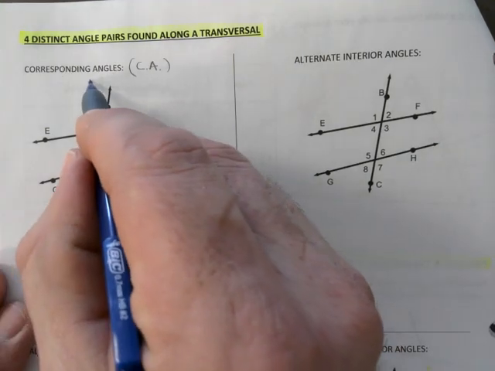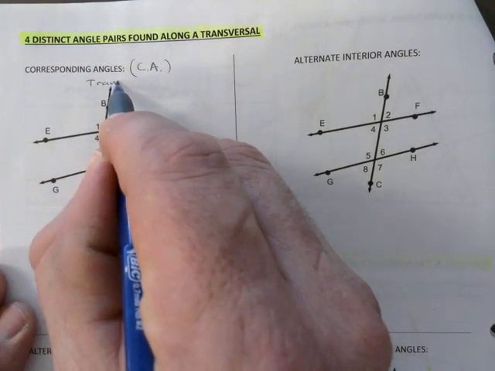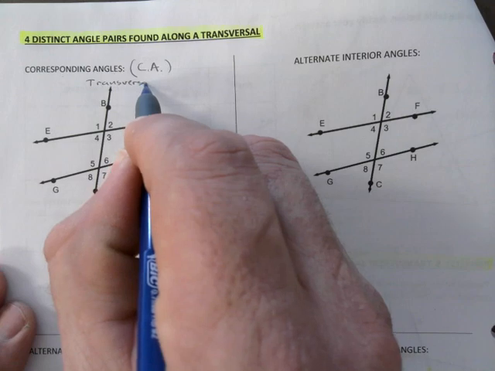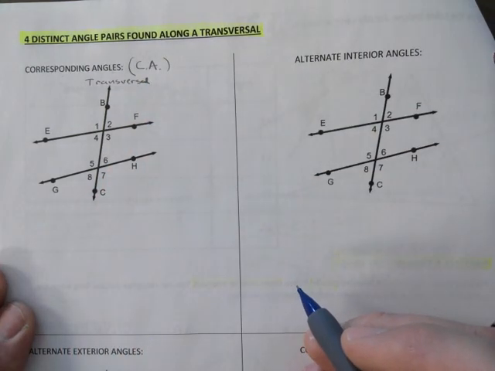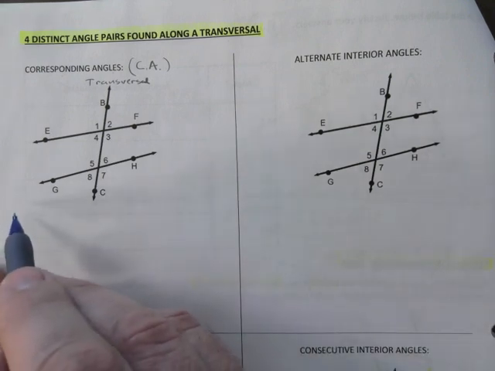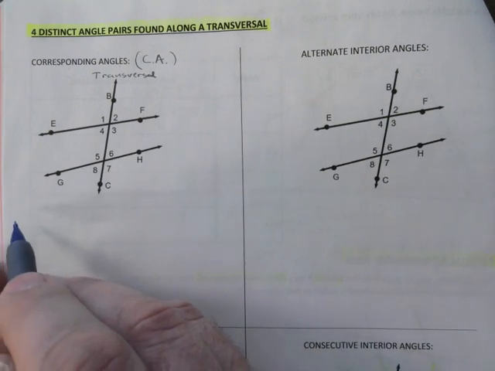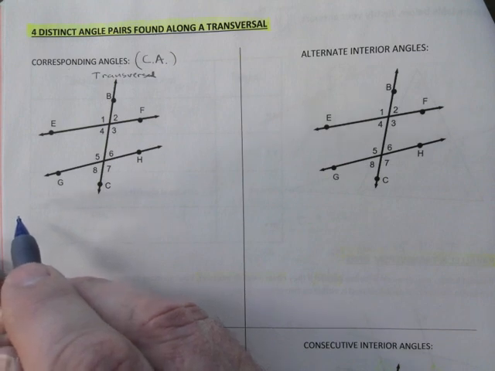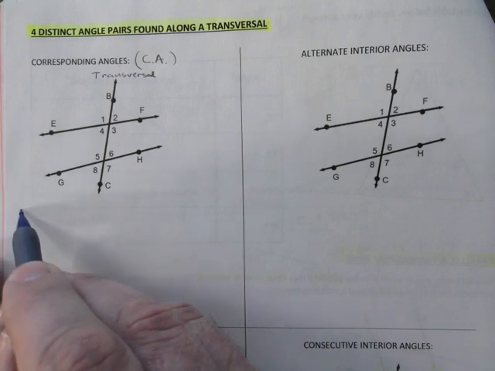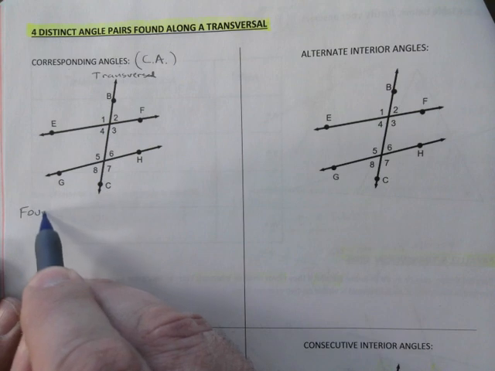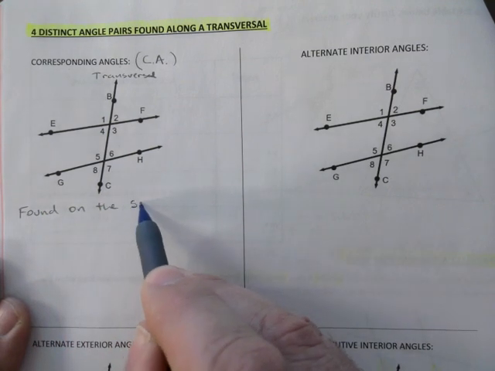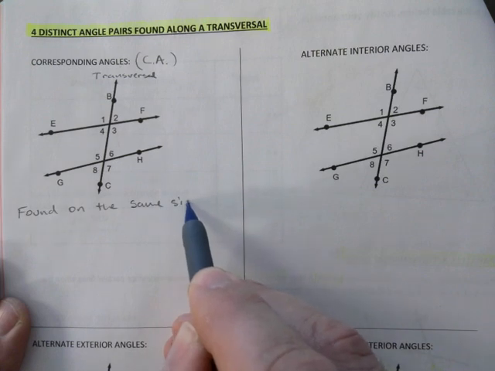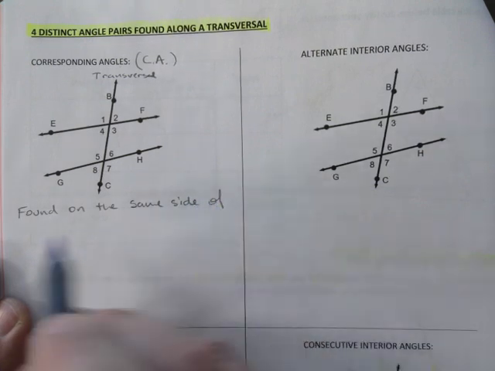So if this is your transversal here, corresponding angles say this. This is the definition. You ready? They are found on the same side of the transversal.